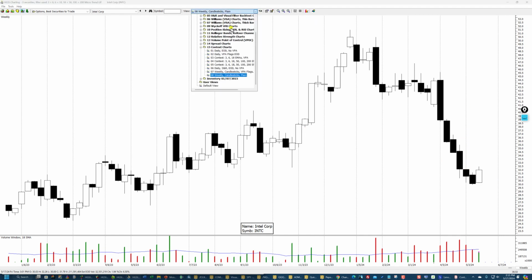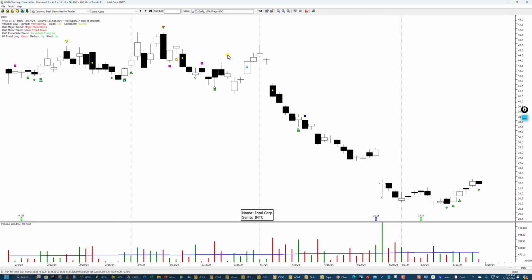Let's take a look at the VPA flags, and you can see that there is no supply here. Strength seen returning, confirmation of that strength, and another no supply VPA flag today.